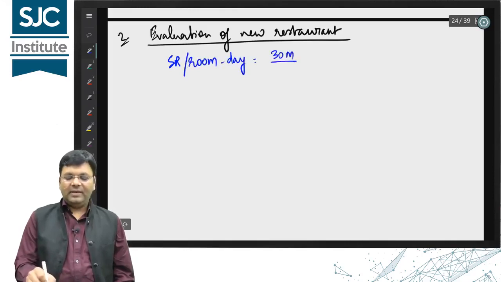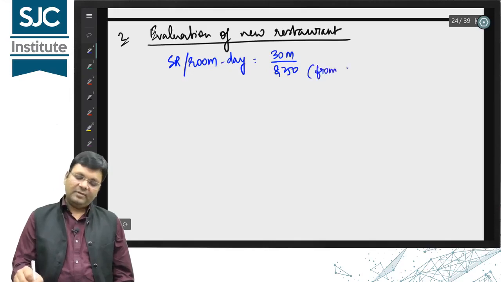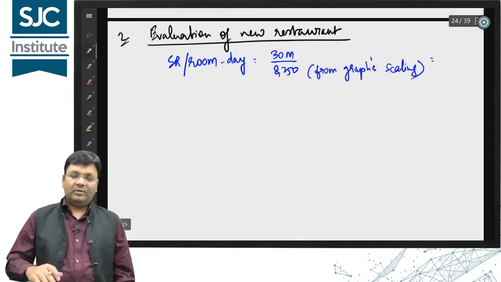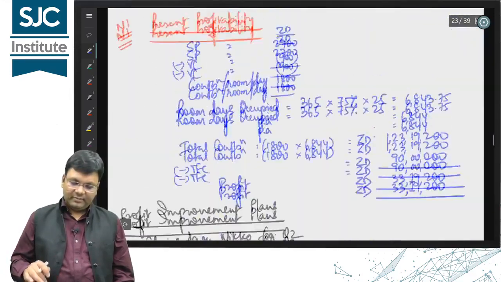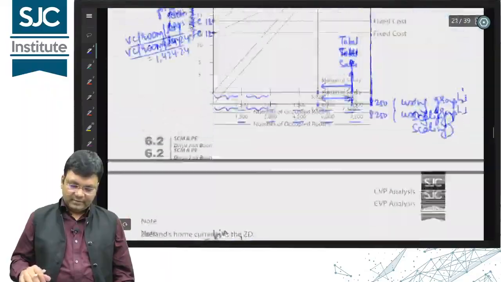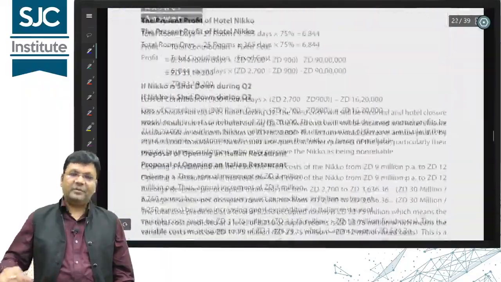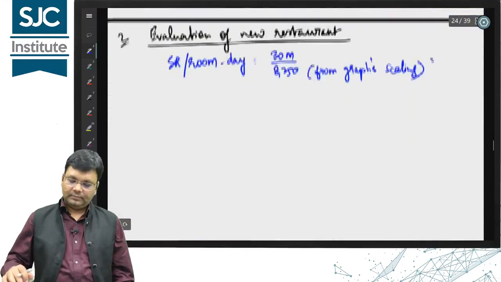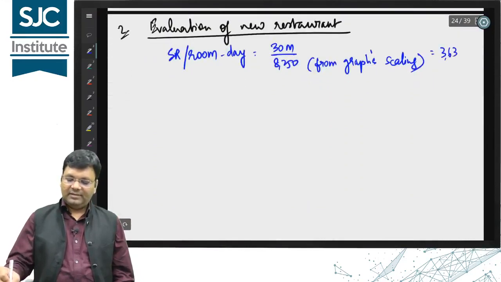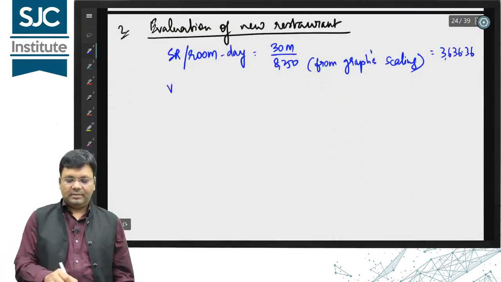It's 30 million by 8250. 8250 has been obtained from graph scaling. So you can just copy the values which we computed above. It is 3636.36.